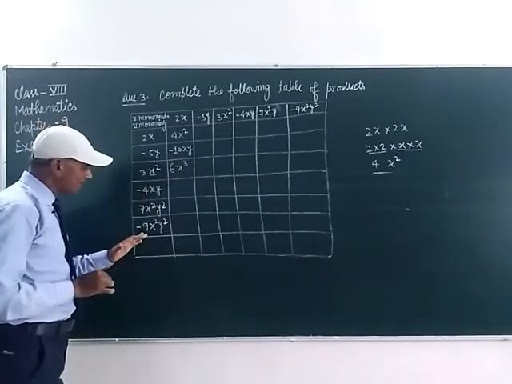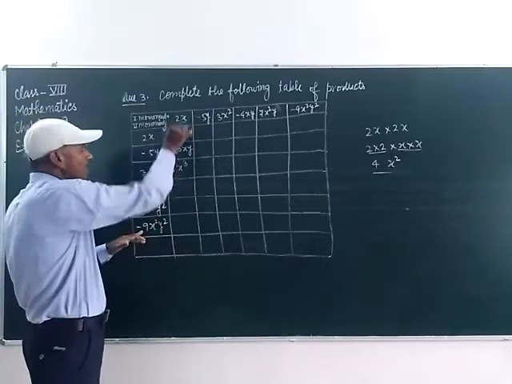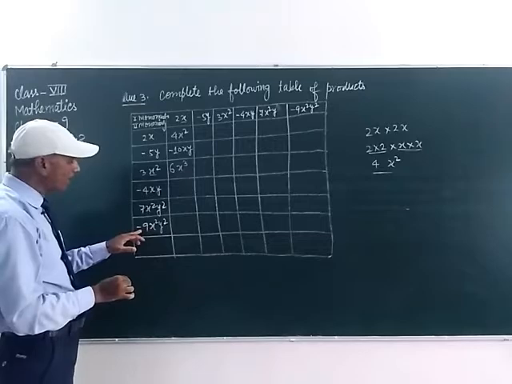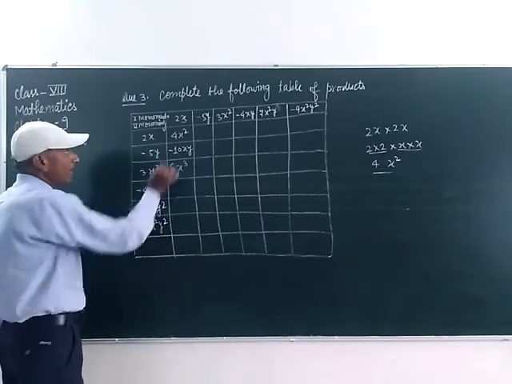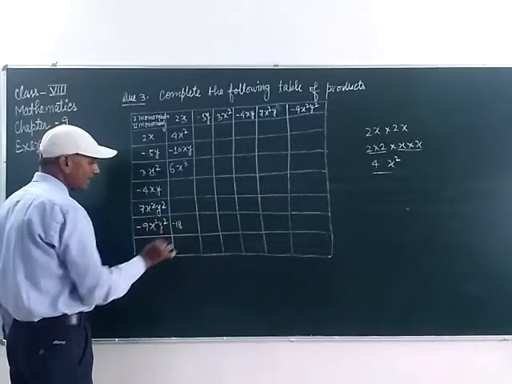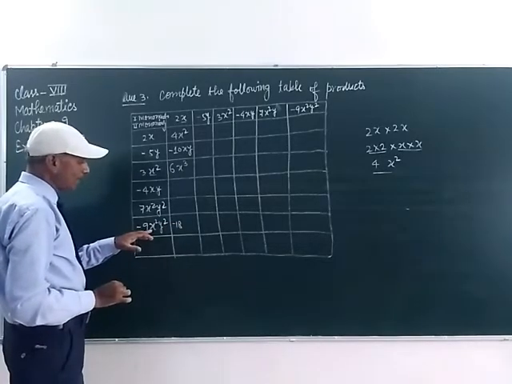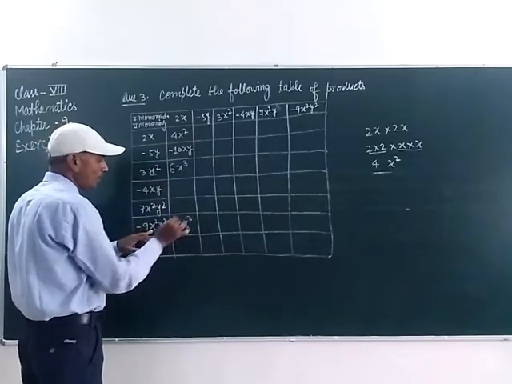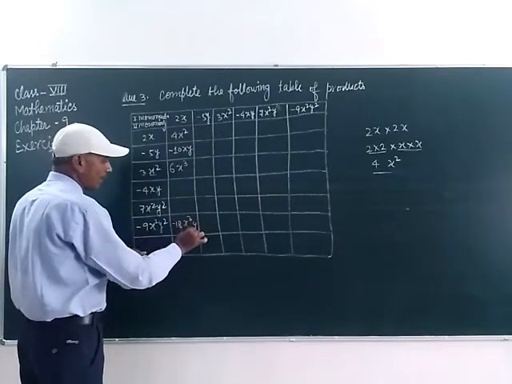And if we multiply this 2x with this minus 9x square y square, it will be, student, 9 times 2 is 18, so minus 18, and x square and x will be x cube and y square.